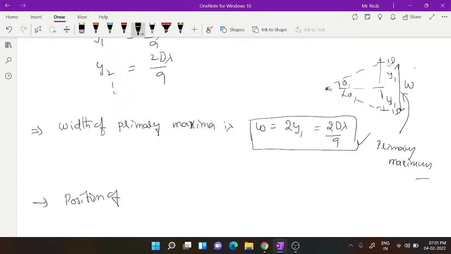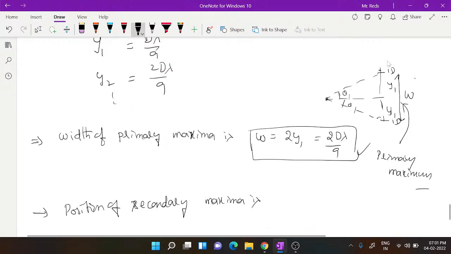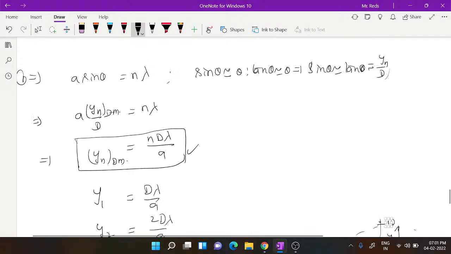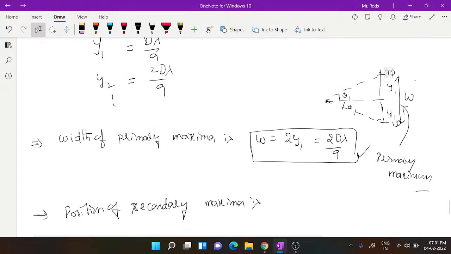Position of secondary maxima is given by, just like how we understood the position of minima from the path difference condition, in the same way you can get that. A sin theta is the path difference.